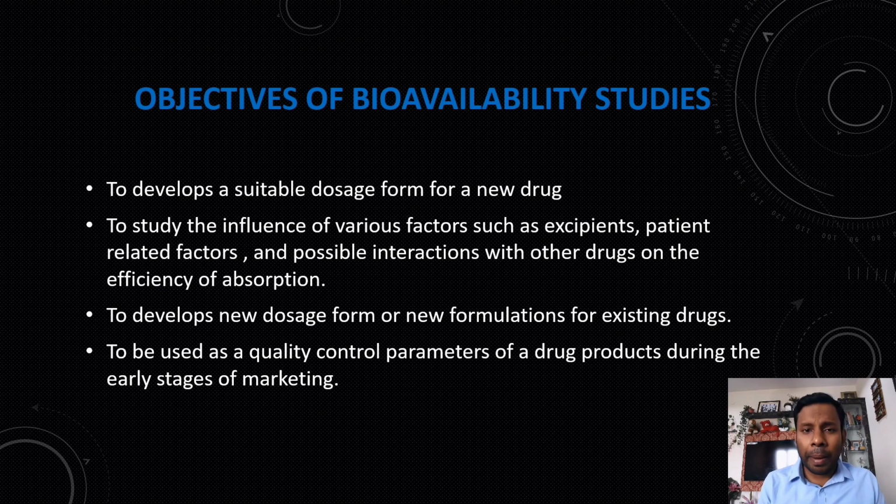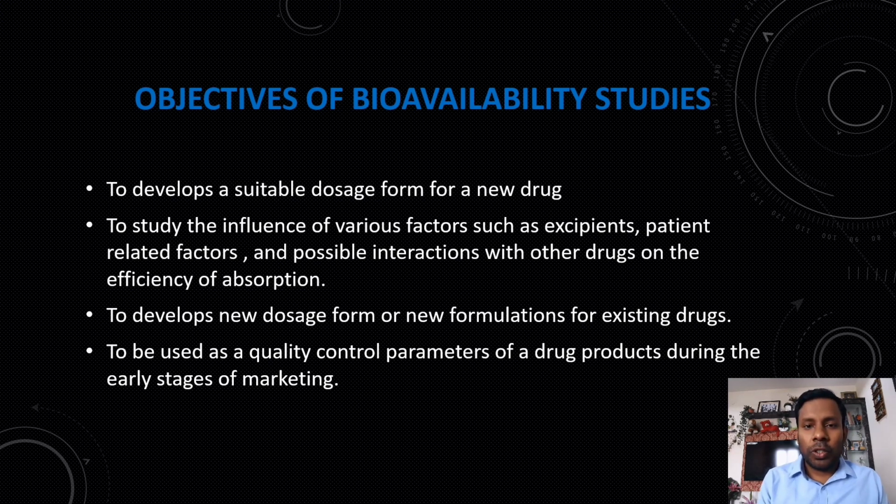So if you know the bioavailability of a drug, then we can compare with the other drugs. So whether there is any interaction, whether the patient related factor is affecting the drug absorption, and whether the excipients are having an impact on the drug absorption, that can be known if we compare the bioavailability of both the formulations. Then next point, to develop a new dosage form or a new formulation for an existing drug.